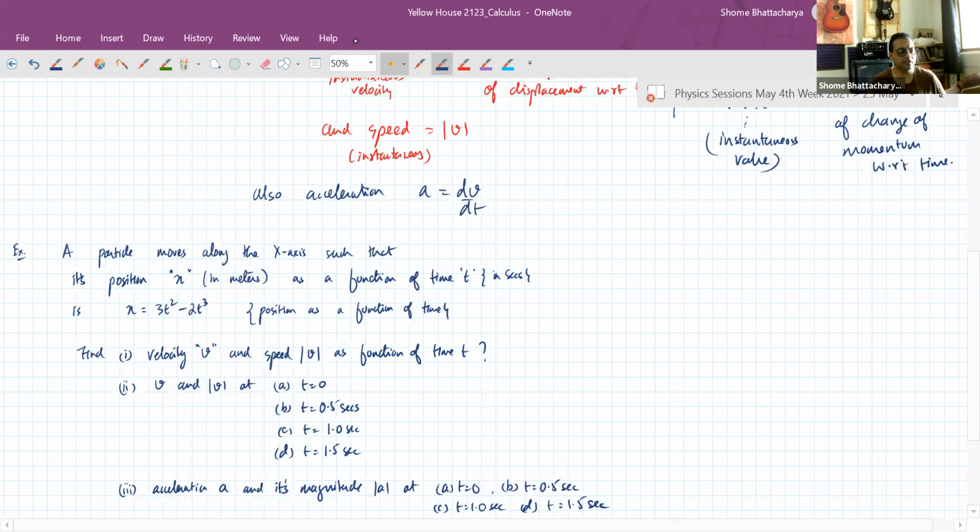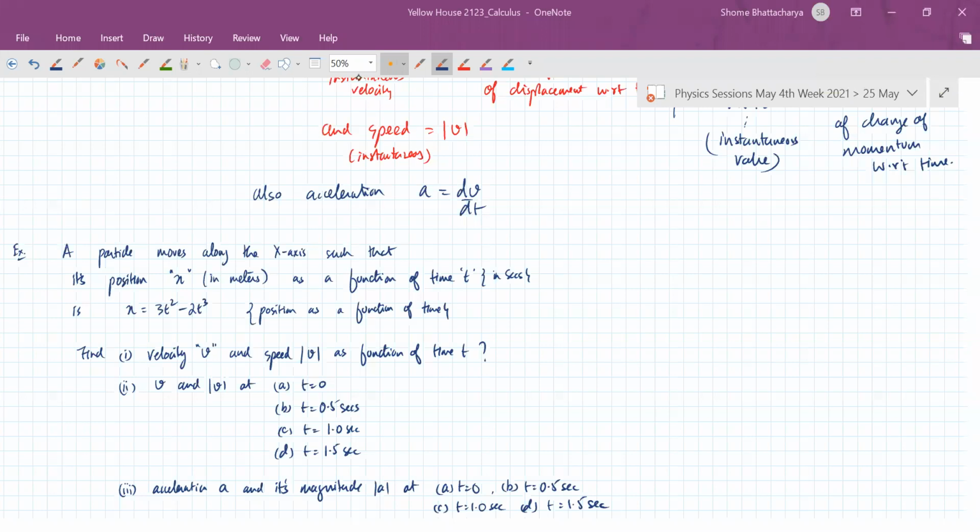Very good, Kirti, that's correct. First part is correct for you. Now you also have to think about what is the difference between velocity and speed? Okay, because both the things have been asked separately. Yes, Anirudh, correct.